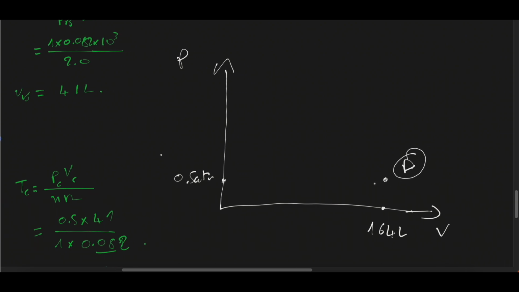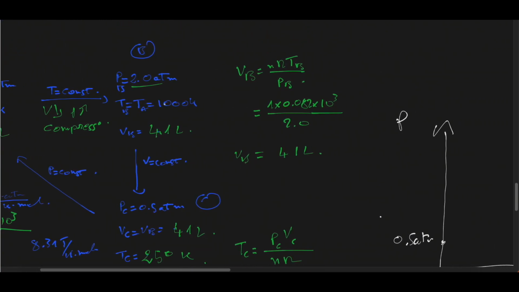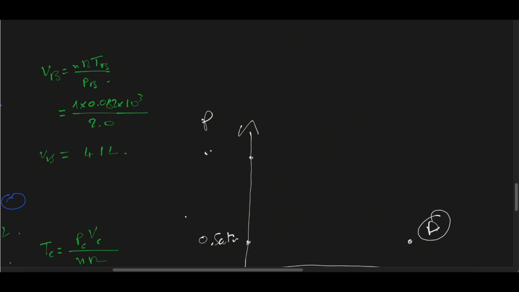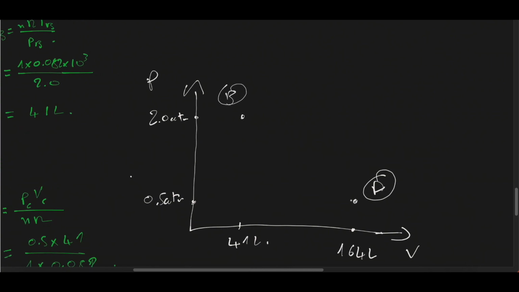Now the change from A to B is isothermal, and the pressure has increased to a value of 2 atm, and the volume has decreased to a value of 41 liters. So here is state B. It is an isothermal change where temperature is constant.